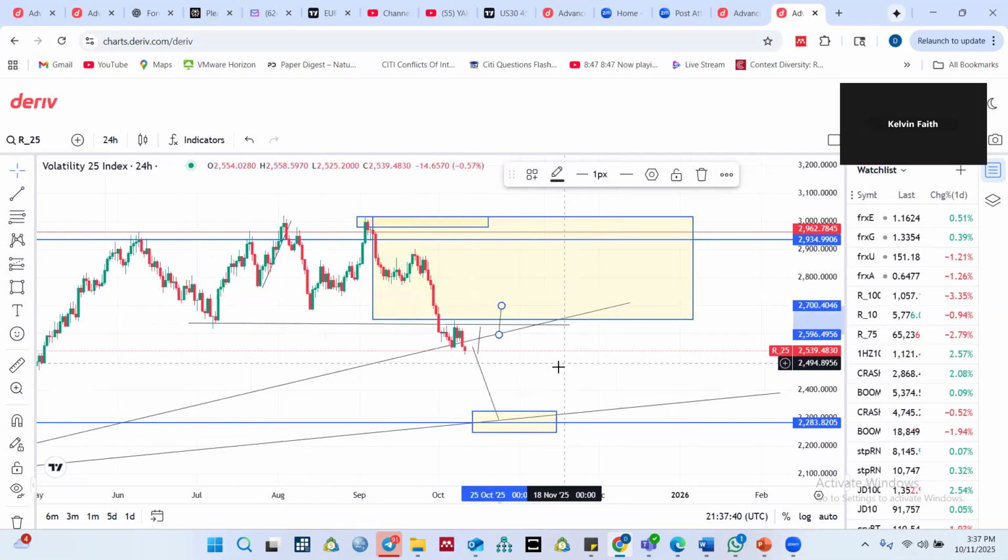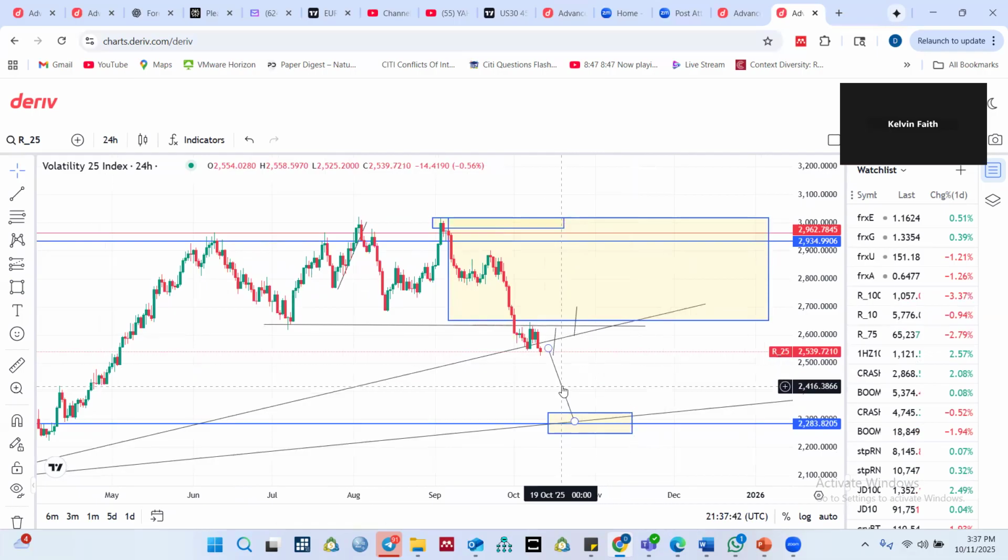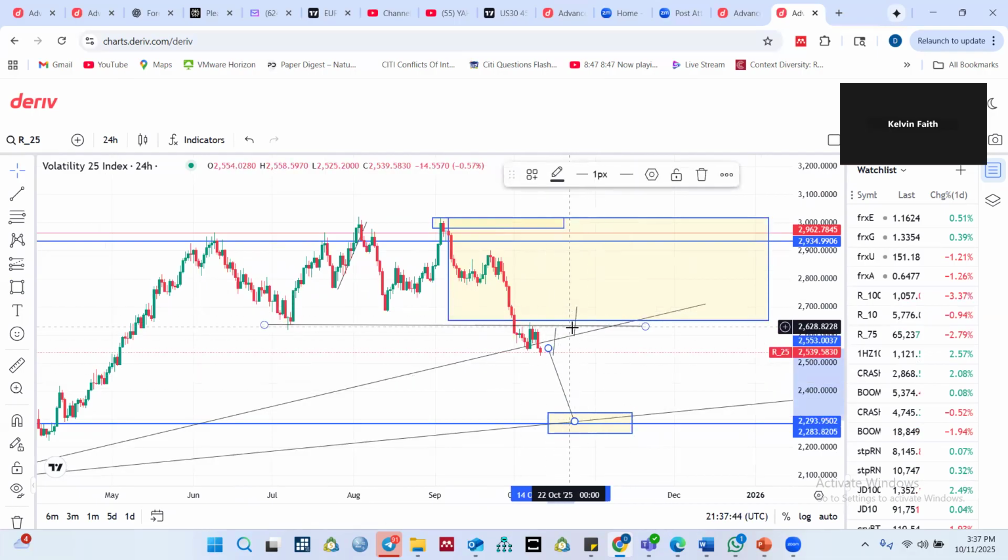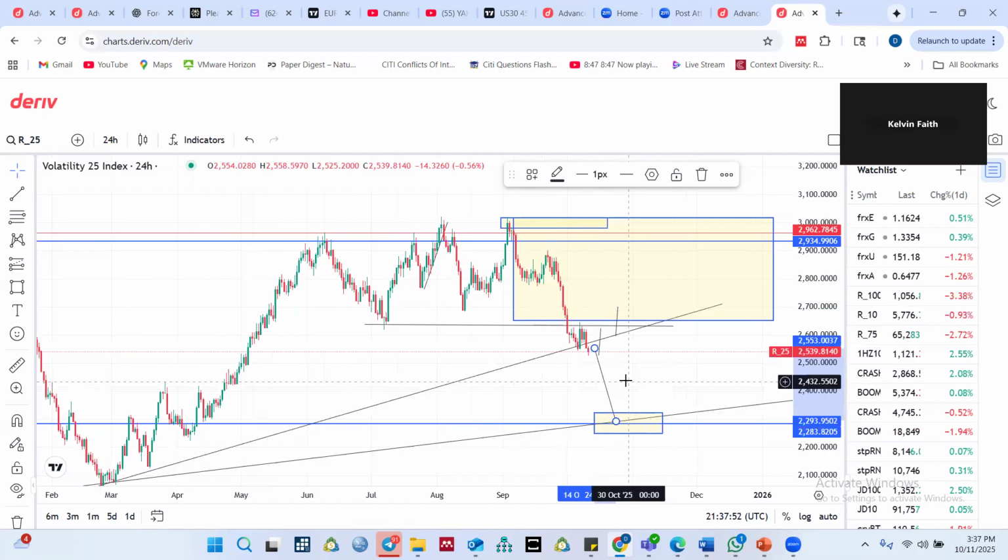We can never see a buy. If it doesn't do what I've drawn here, it will keep dropping down. It will keep dropping down. So that's the only way where we can see a buy, a pullback.